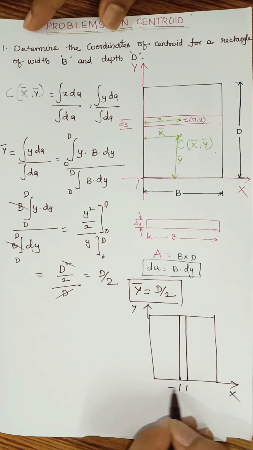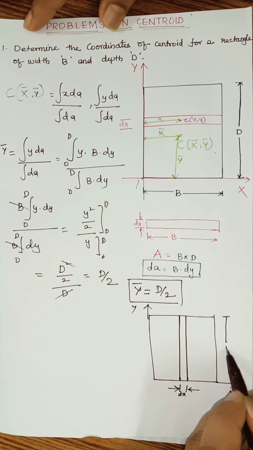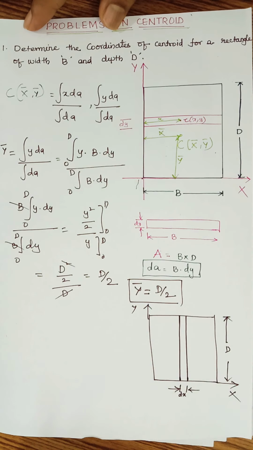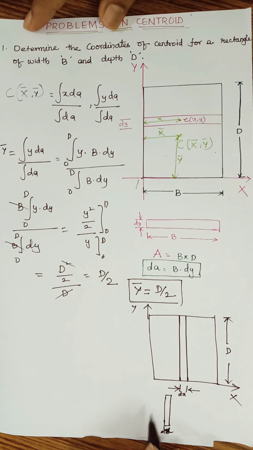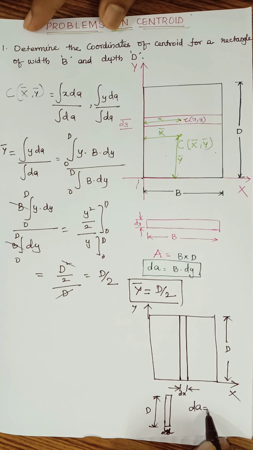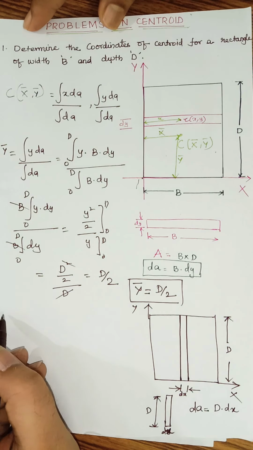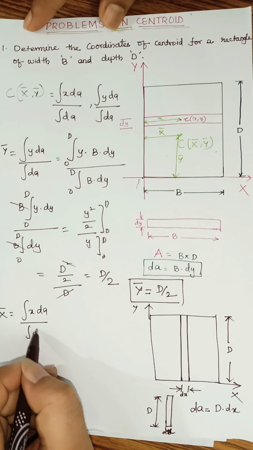This strip has a thickness of dx and a depth of D. The strip just looks like a rectangle again with thickness dx and depth D. If I take dA as the area of the strip, dA will be equal to D multiplied by dx. Now we know the formula x bar is equal to integral of x dA by integral dA.